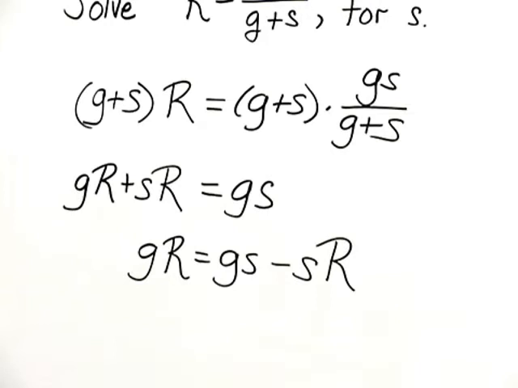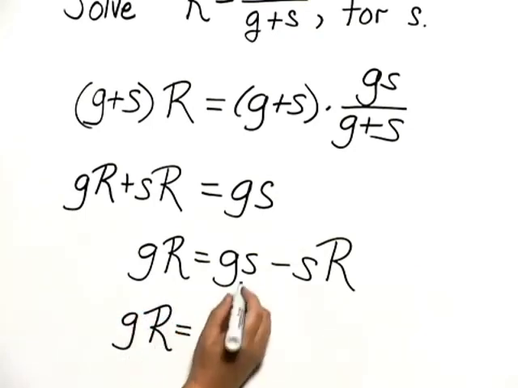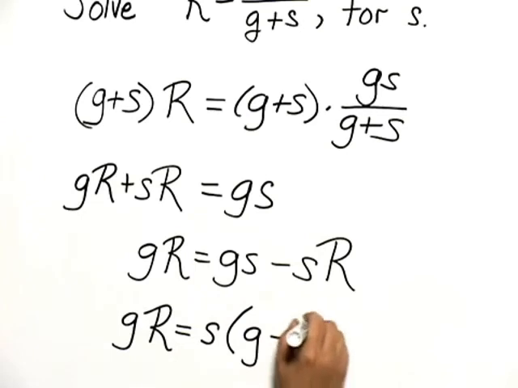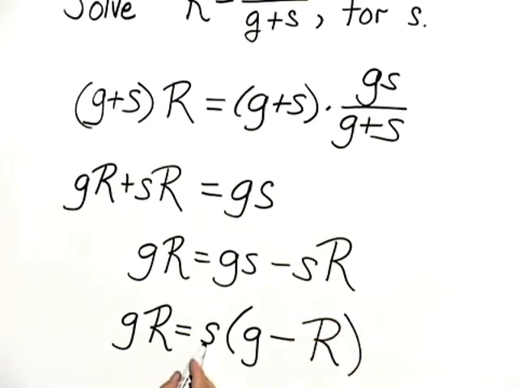The next step is one of the most important steps and easily forgotten, and that is to factor the s. Usually, once the s is factored out, we can see what to do next. So let's factor the s out, and we're left with g minus r. Now we can see that to get s by itself, we divide both sides of the equation by g minus r.